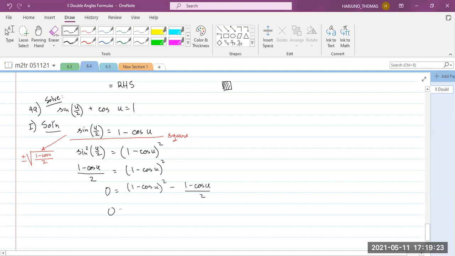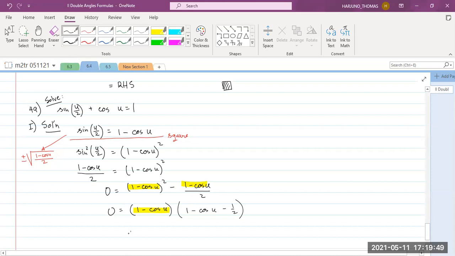And I factor the common factor 1 minus cosine u. Can you see that? So I take the common factor 1 minus cosine u out. That way I don't need to FOIL and then factor.